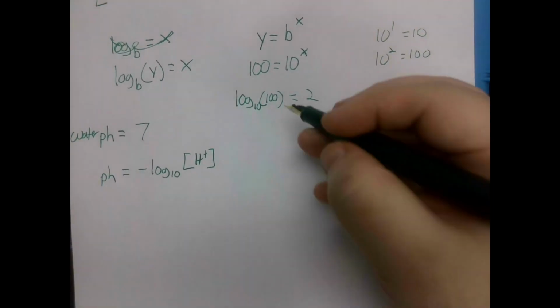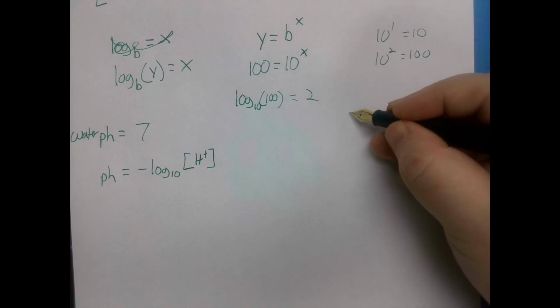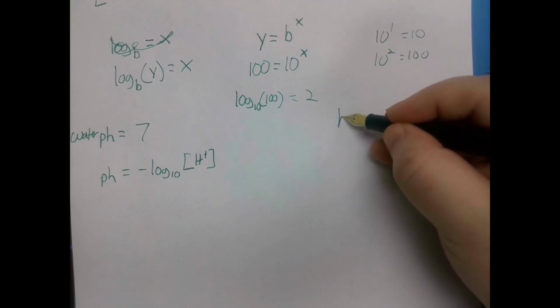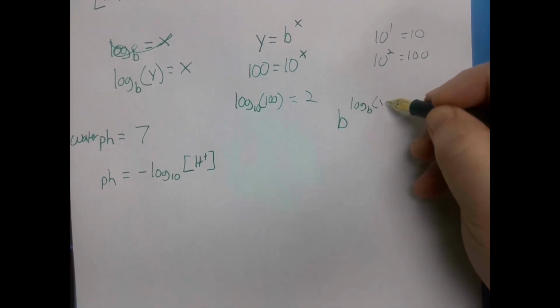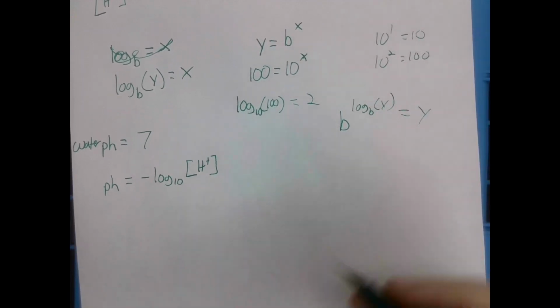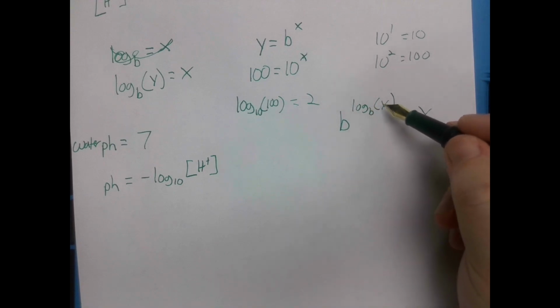You could undo a logarithm. So if I raise the base to the log base of y, I get y. Raising a base to the log b of that cancels it out.